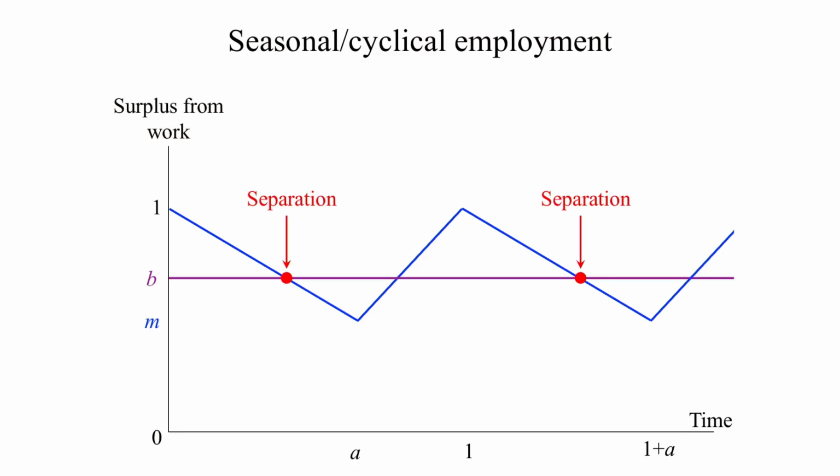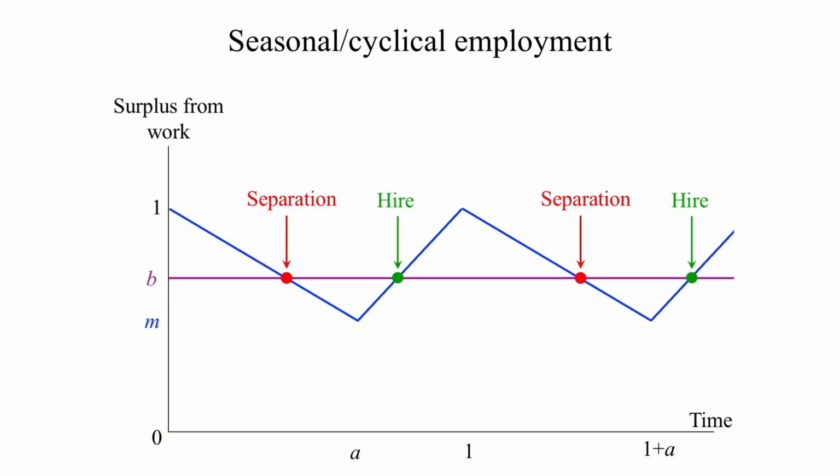The first set of crossing points I'm calling separations, because there the worker is going from a phase where, being at work, the surplus from work is greater than the outside benefit, and they're transitioning into a phase of not work. So I've labeled those in red. And then in green, I have labeled the other transition, the transition from out of work back into work.